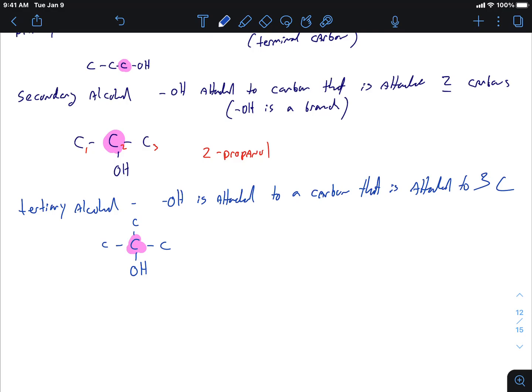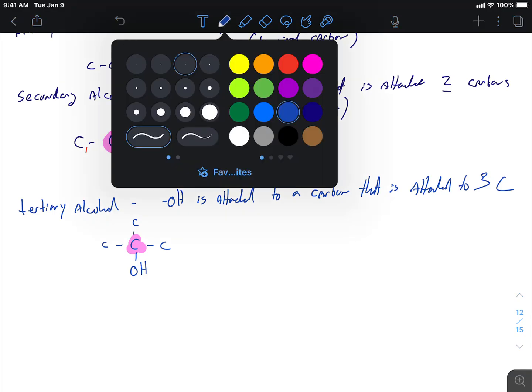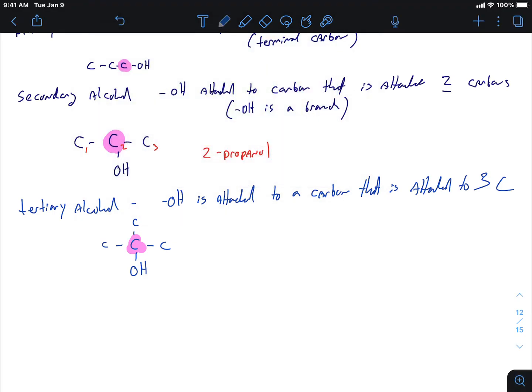Yeah. So if I said, let's pick a different color here. Let's draw 3-methyl 2-hexanol.